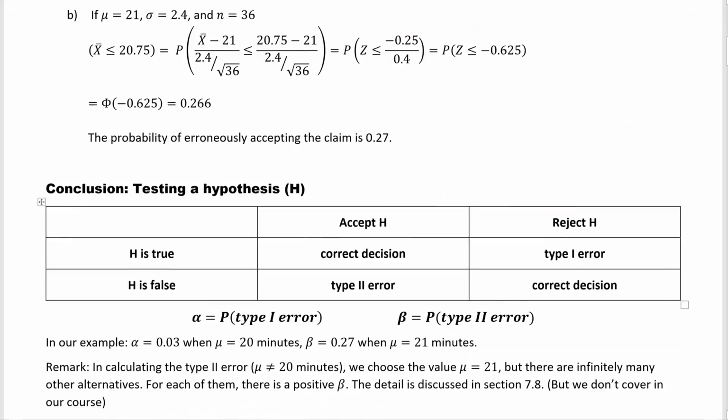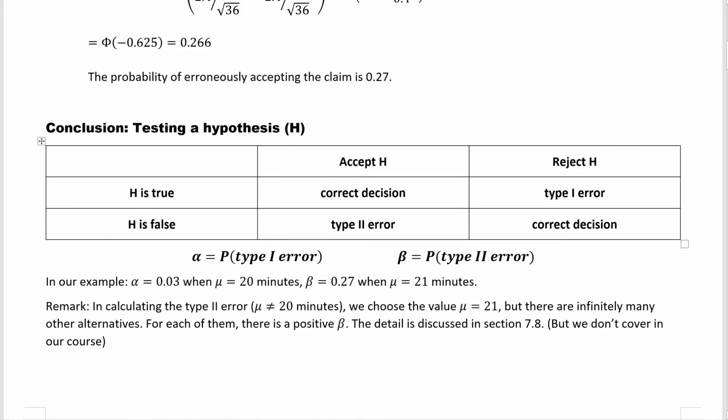So what are all the possibilities here? I make it into a table. Let's say we have the population, the manufacturer's claim, H. The claim can be true or false. And our decision, we can either accept the claim or reject the claim. If the claim is true and we accept it, that's a correct decision.